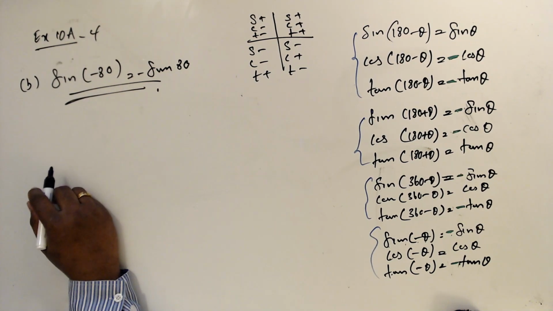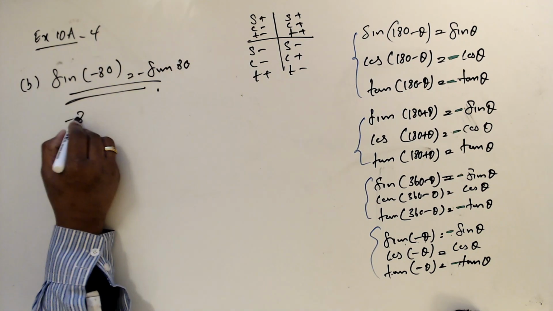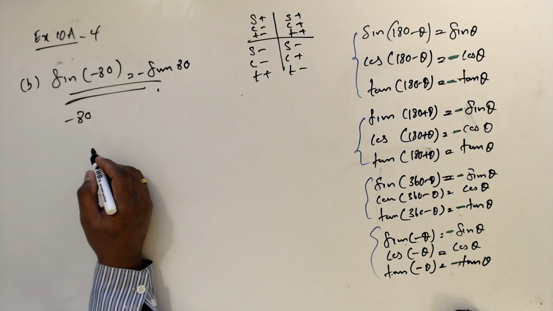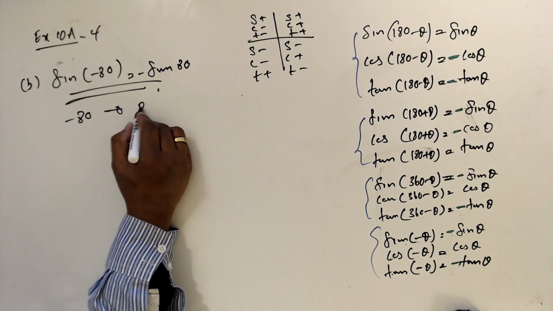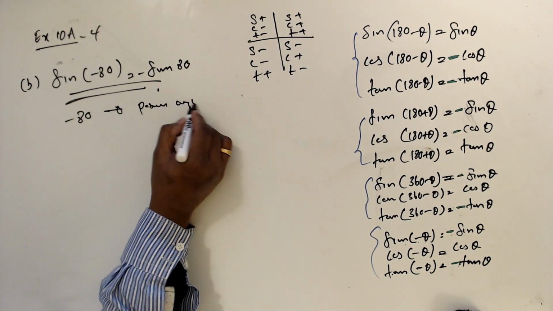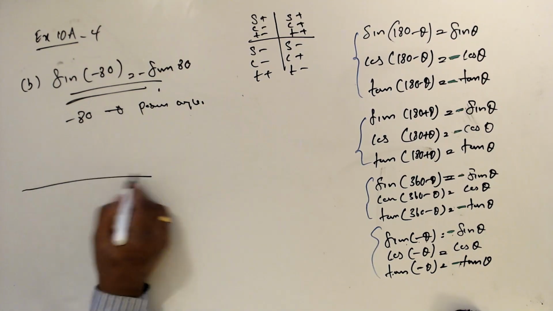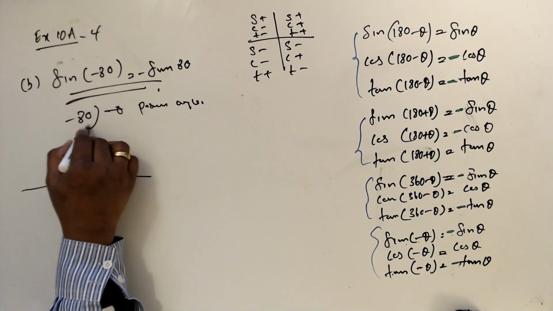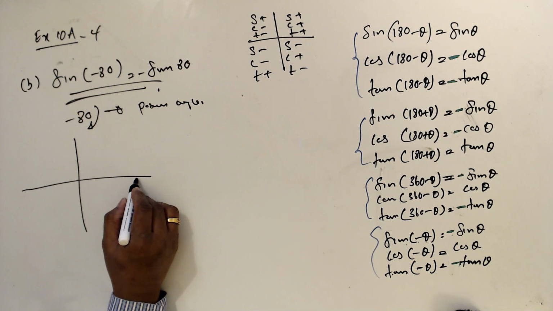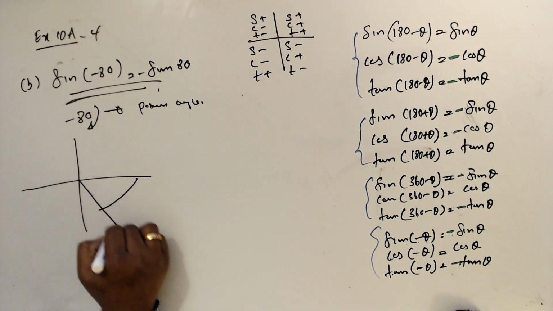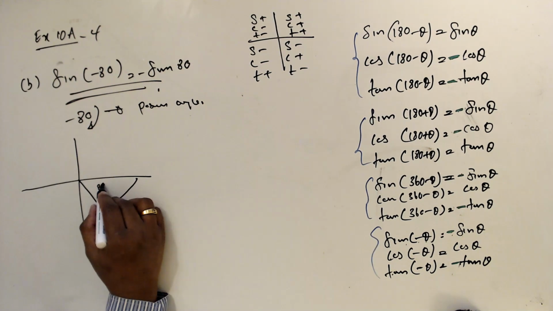Or you can work with the lengthy way. First of all, consider minus 80. Then we turn it into a positive angle. So minus 80, we start going clockwise, so somewhere here. So this is 80.